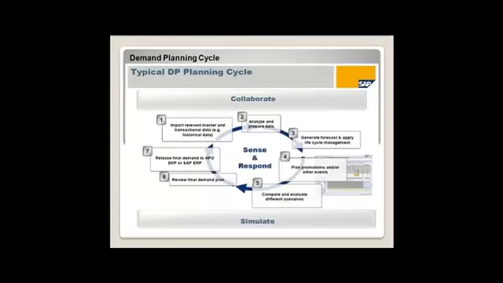Then in this monthly cycle, first we need to set up the master data and the transactional data. As I told yesterday, master data is nothing but, for example, product, or you can say material, plant, customer, vendor, distribution center, or sales organization. All these things we can call master data.